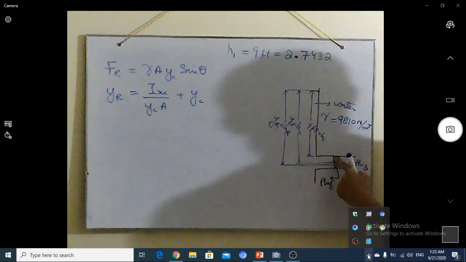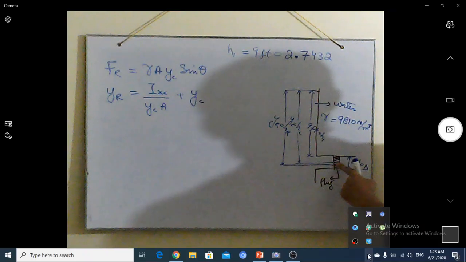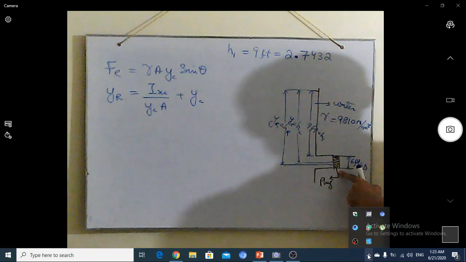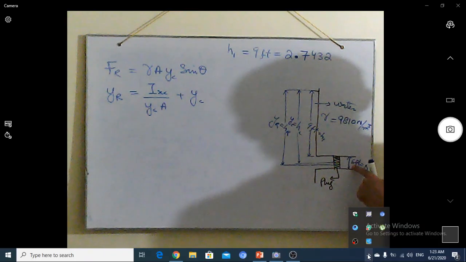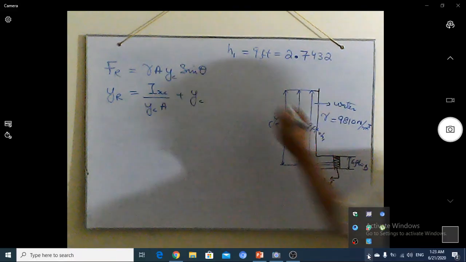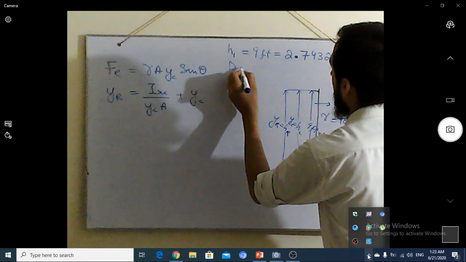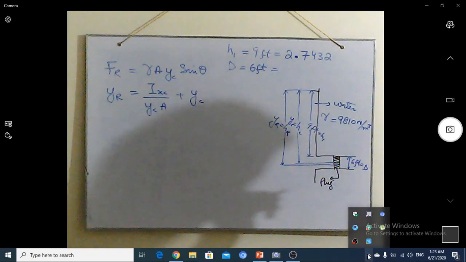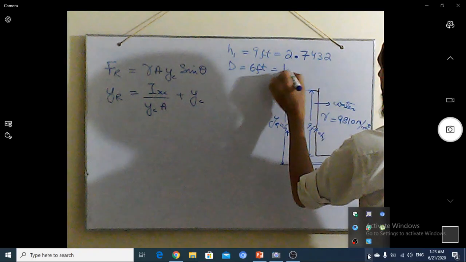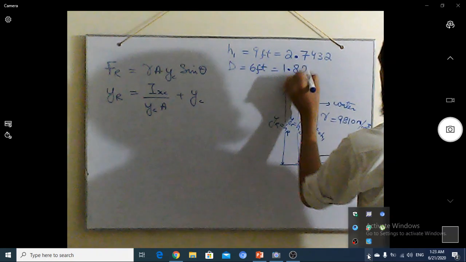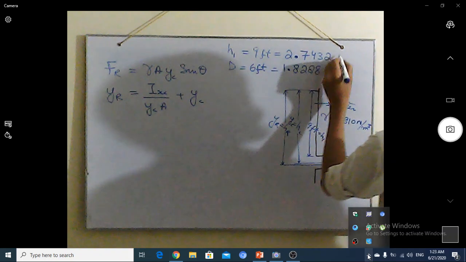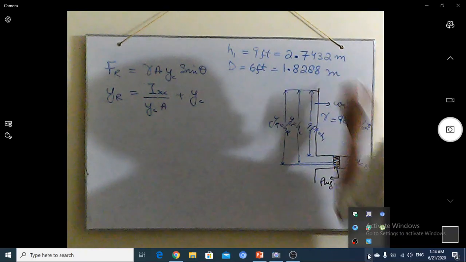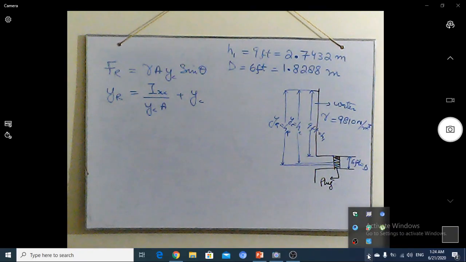This is the circular plug which is installed in the passage of water, which has a diameter of 6 feet, and I converted this 6 feet into meters, so it becomes around 1.8288 meters. I actually used to resolve the numericals in the SI system.